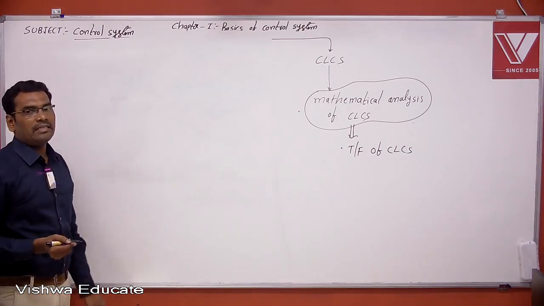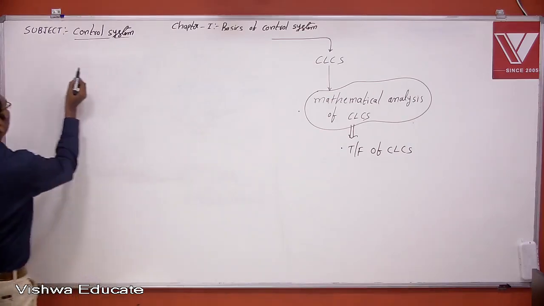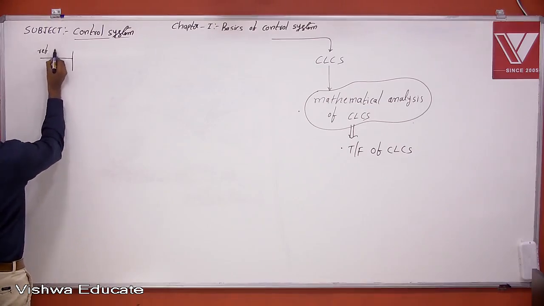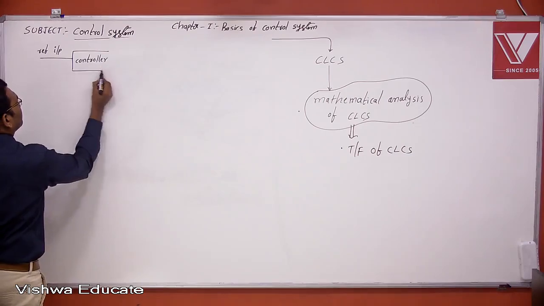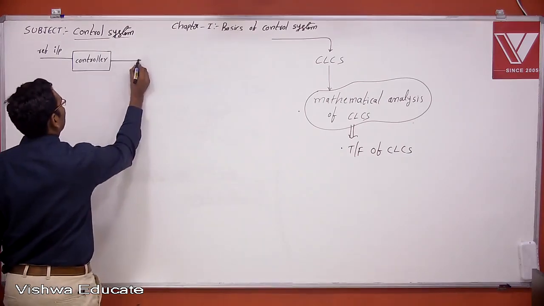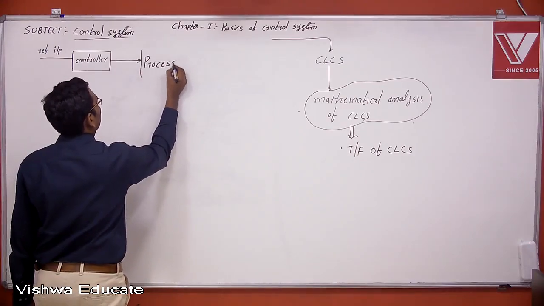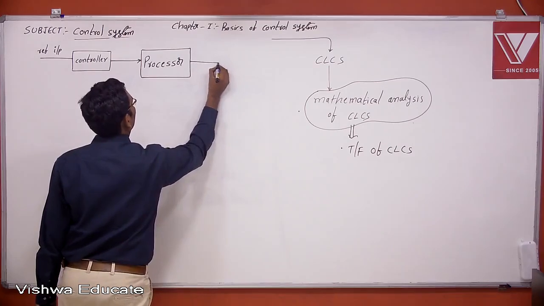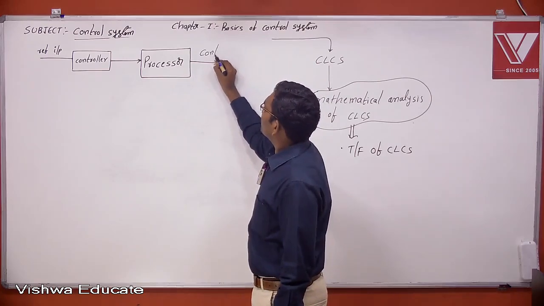Okay, then we'll see the mathematical analysis of the open loop control system. First we will see the block diagram of open loop control system. We know that this is reference input, controller, processor, controlled output.